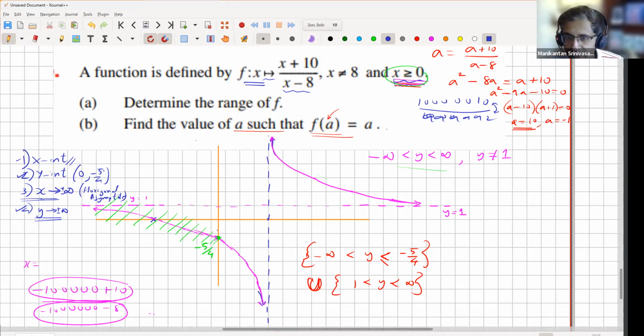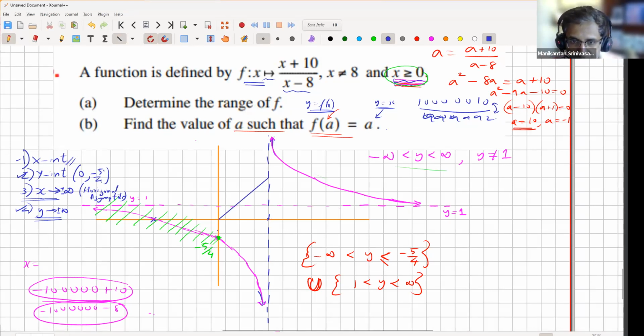So this is like y equal to f of x, and this is your y equal to x. Where are the two functions meeting? How will y equal to x look? It looks like a 45-degree line. So that line will look something like this. On this side also, y equal to x.